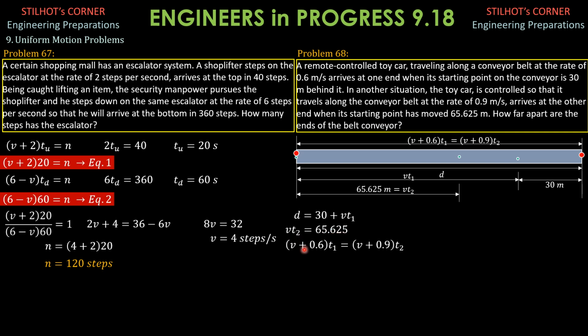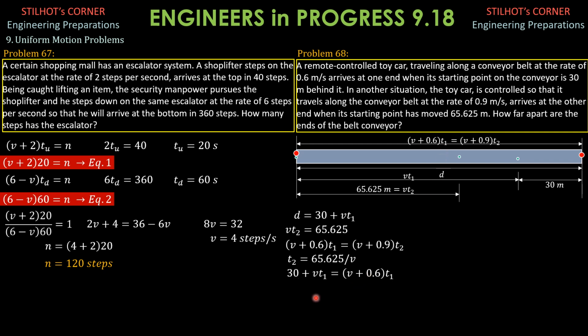And take note that V times T1 is the distance that the starting point has moved in the first situation. So T2 equals 65.625 over V, to be substituted here. And 30 plus VT1 is equal to V plus 0.6 times T1 also.